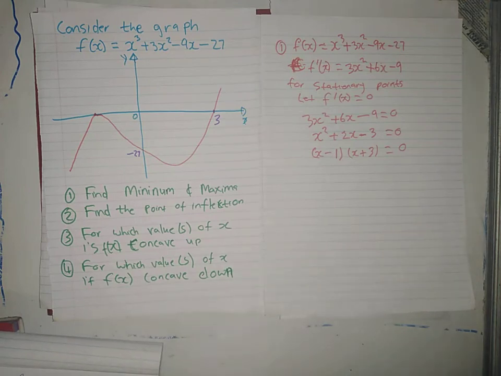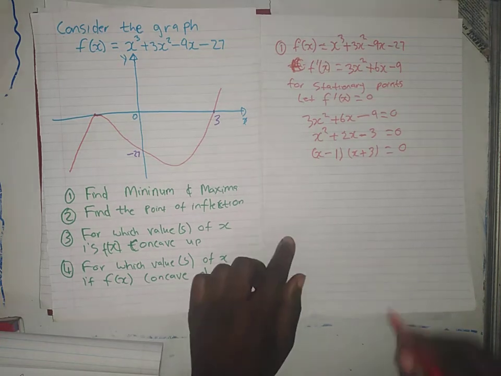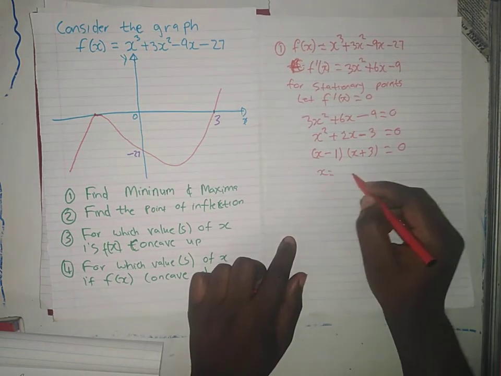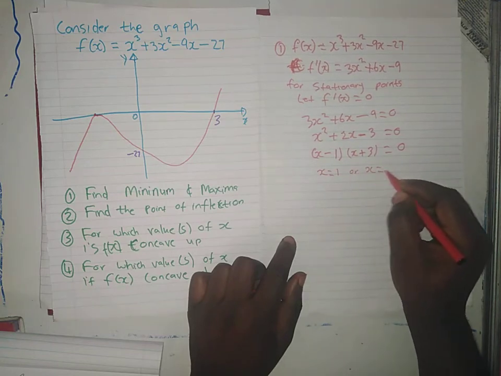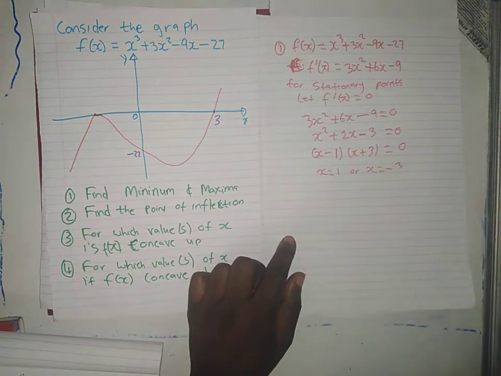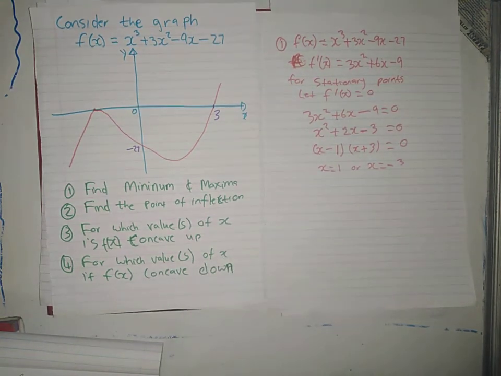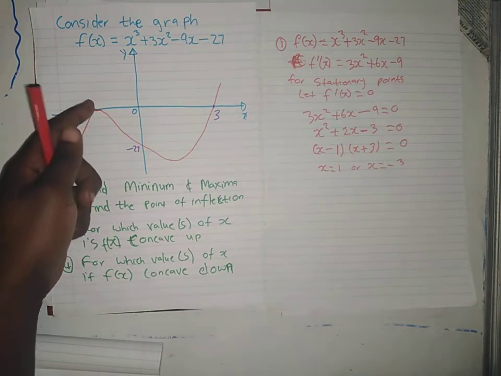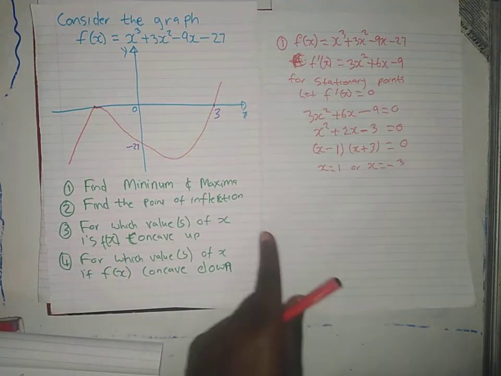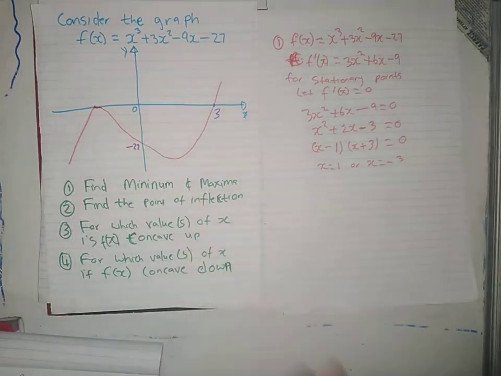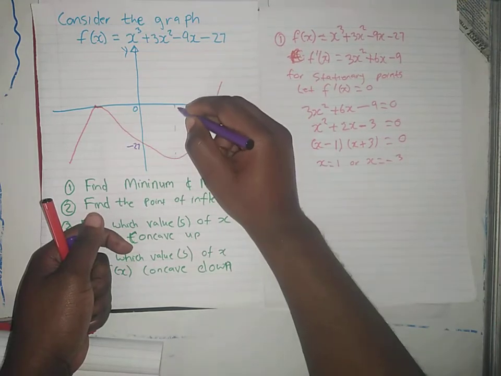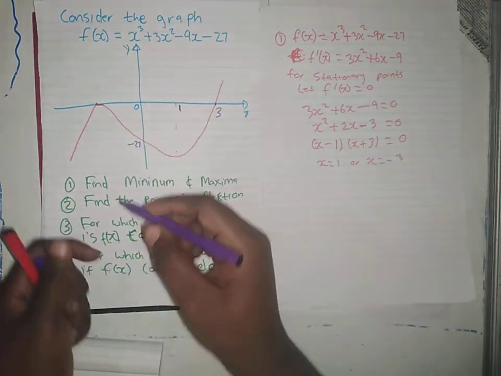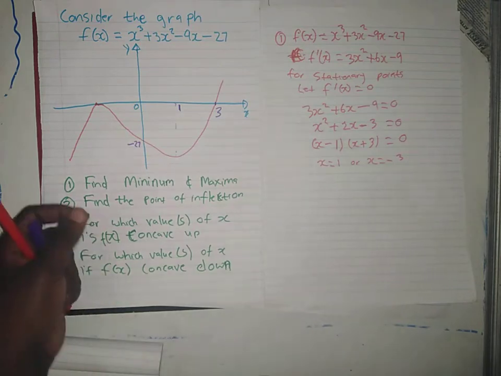From here, you can see that x is equal to 1, or x is equal to minus 3. So this one is 1, and this one is minus 3.